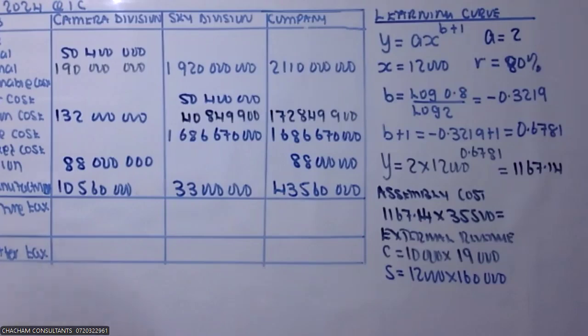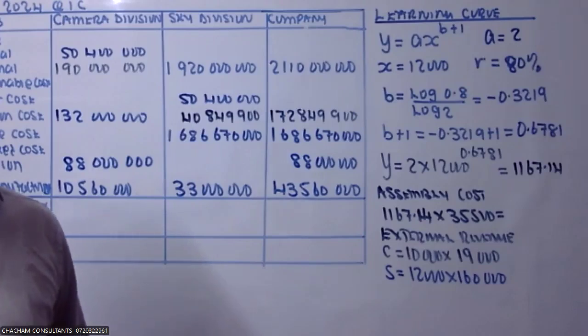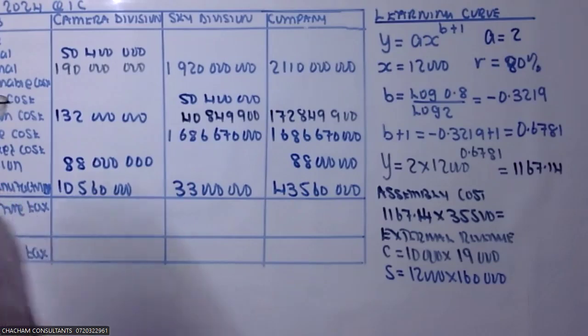So let's start to get the profit before tax. The profit before tax, like now tukianza na camera, utasema 50,400,000 plus 19 million minus 1.2 million minus 8 million minus 10,560,000.